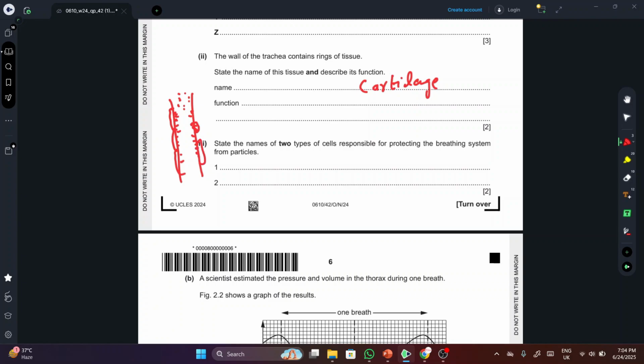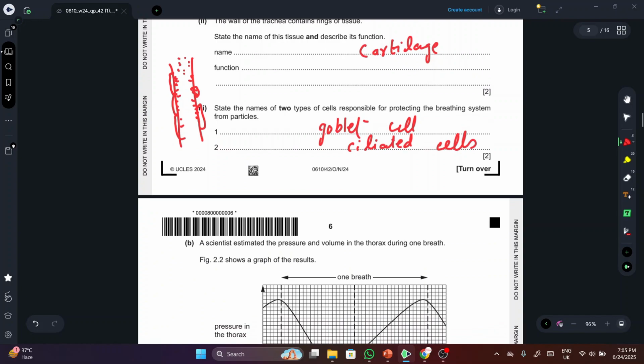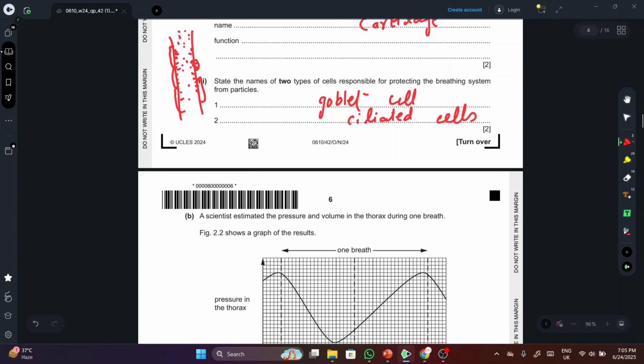So the two structures are goblet cells and ciliated cells. If you write cilia, then it will be wrong. Ciliated cells are responsible for the protection of the breathing system, because the dust particles are trapped by the mucus produced by the goblet cells, and the cilia sweep that mucus.